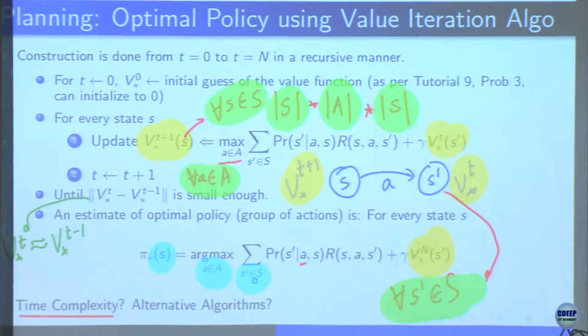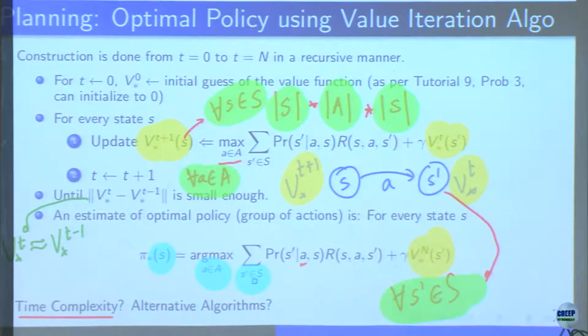That's it. I don't have to enumerate all possible combinations of states. I already found the V star, right? I'm going to use my computed V star and all possible actions I could have taken from here.